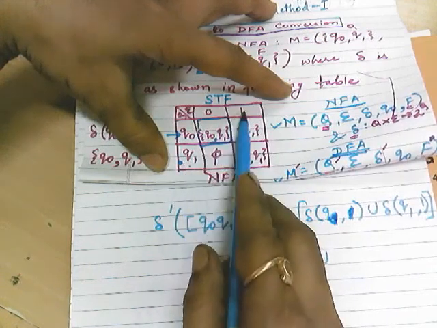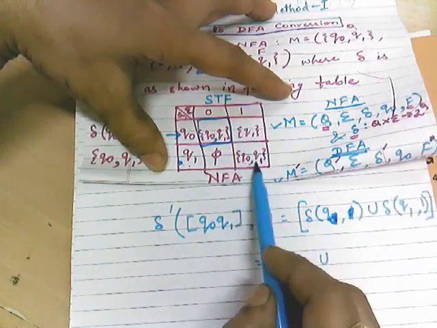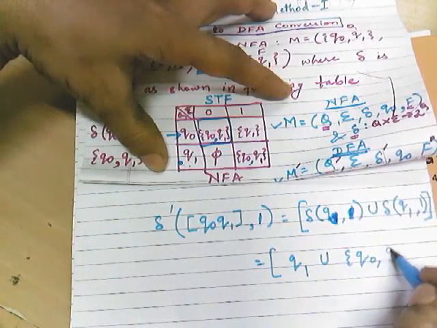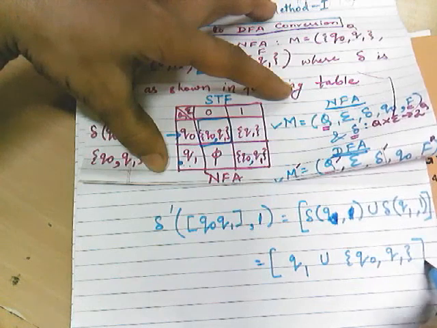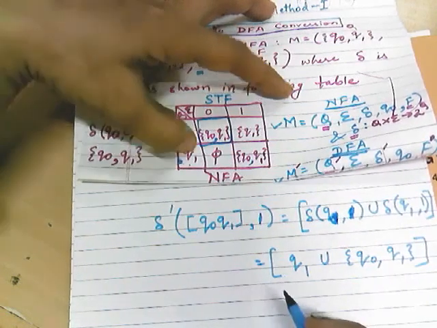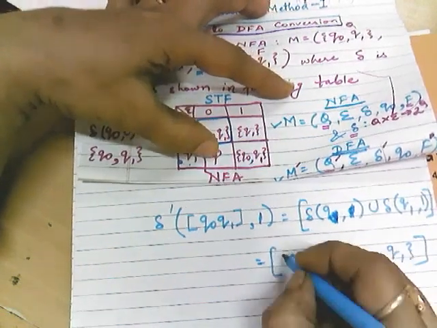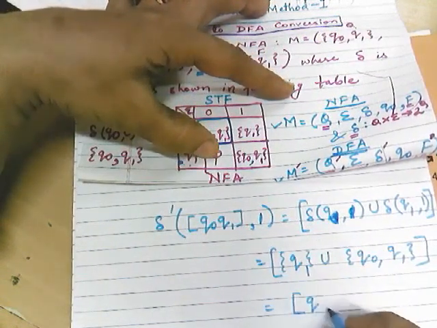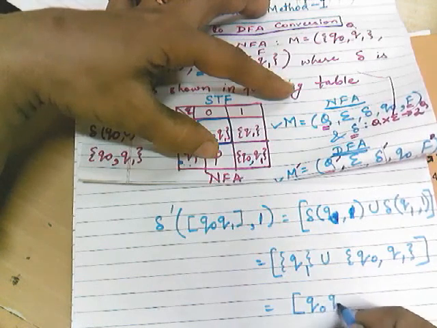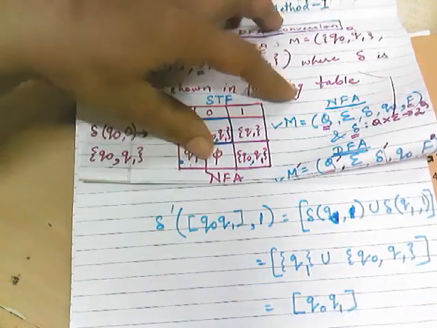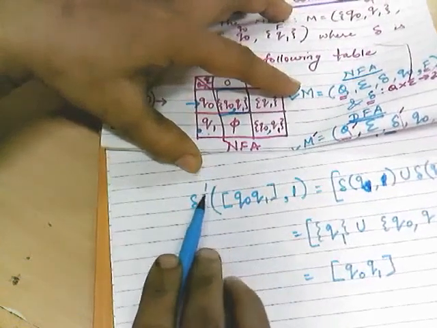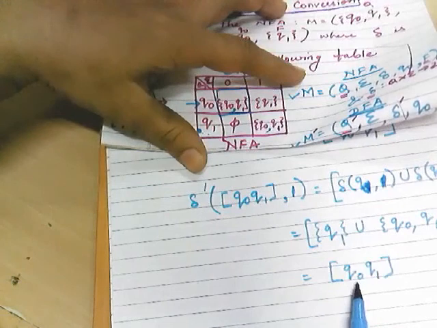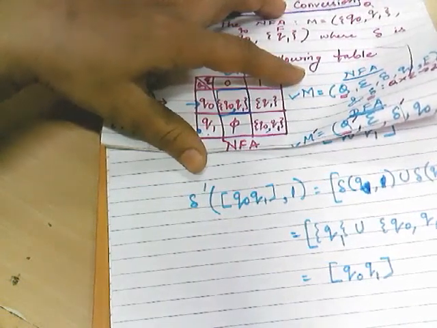Delta q1 comma 1 is giving me the set q0 comma q1. Now when I do the union of these two sets, again I'll get the same, that is q0 q1. So my delta dash of q0 q1 with 1 input is going to q0 q1.